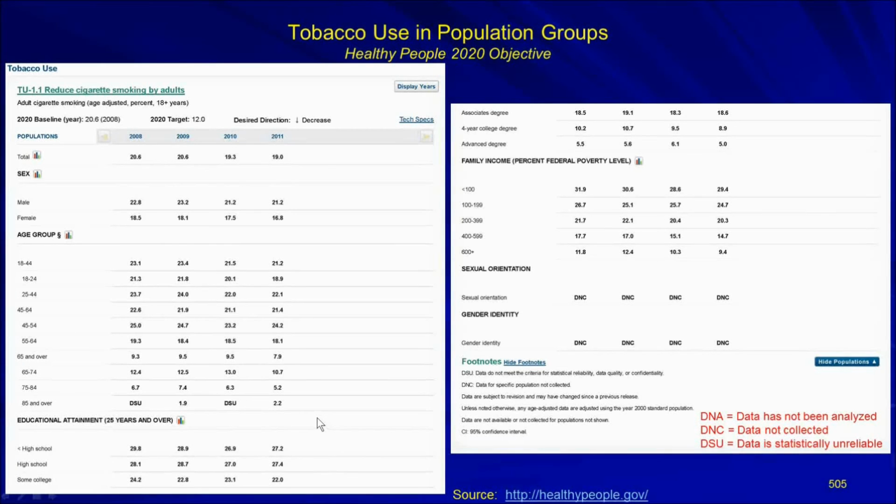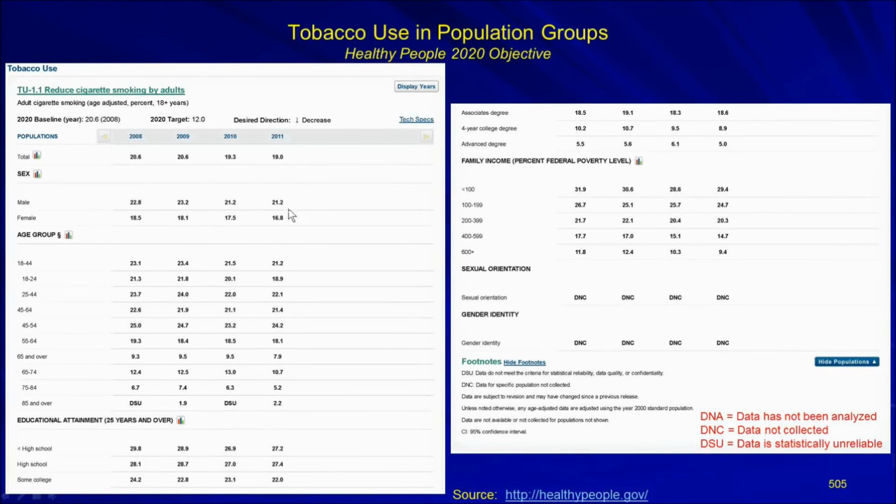If you look at age, my apologies, this doesn't give us very much information about age. Age doesn't seem to be a contributing factor, but you can see the sex difference.